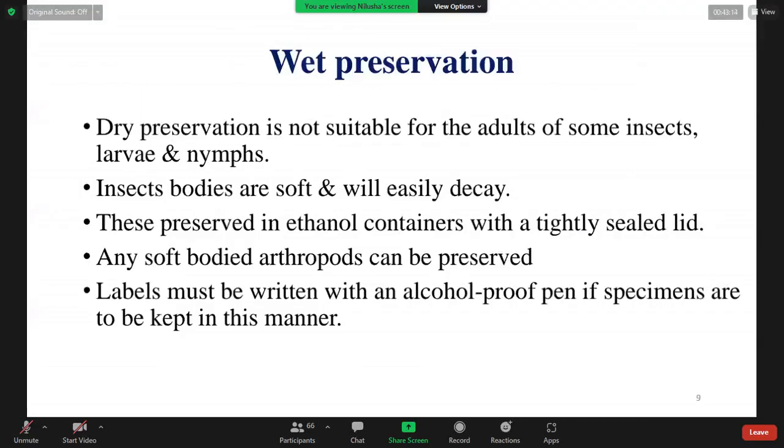Next one is the wet preservation. In the classification of preservation, we classified it according to the moisture content as dry preservation and wet preservation. Dry preservation we already learned. Now we are going to learn about the wet preservation.